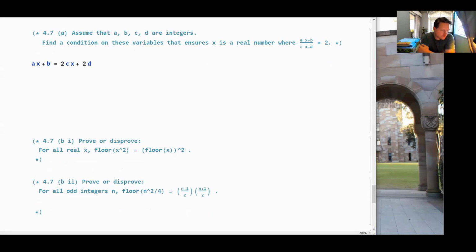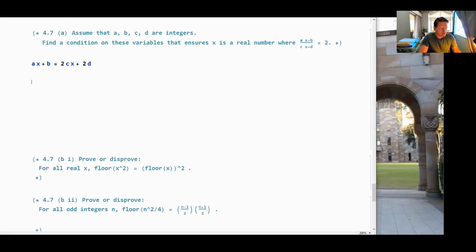All right, now if we're aiming to solve for x, then we would want to collect like terms, right? So next we would write a, taking the 2cx over to the left-hand side, and then factorizing out the x.